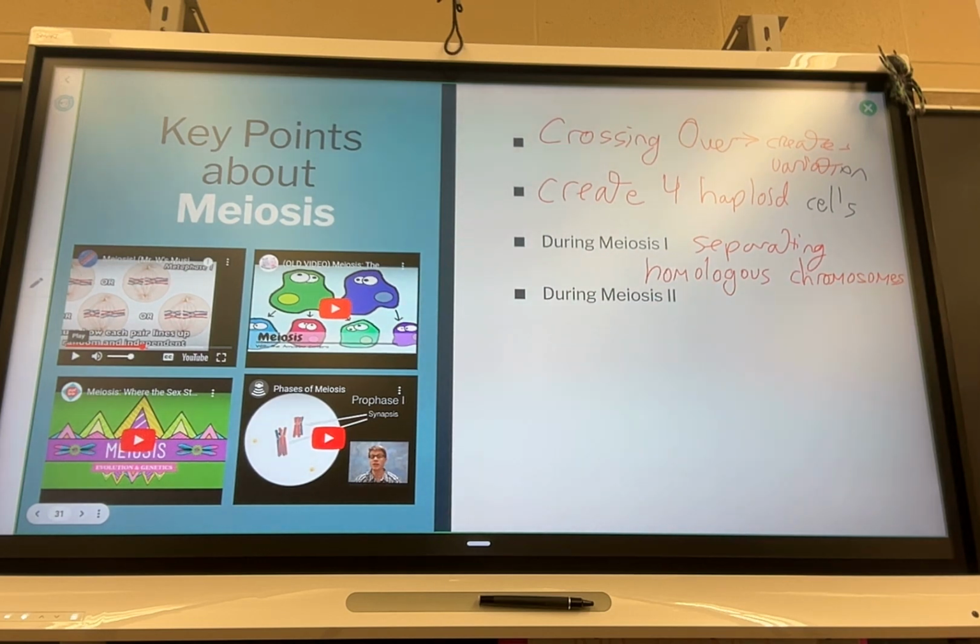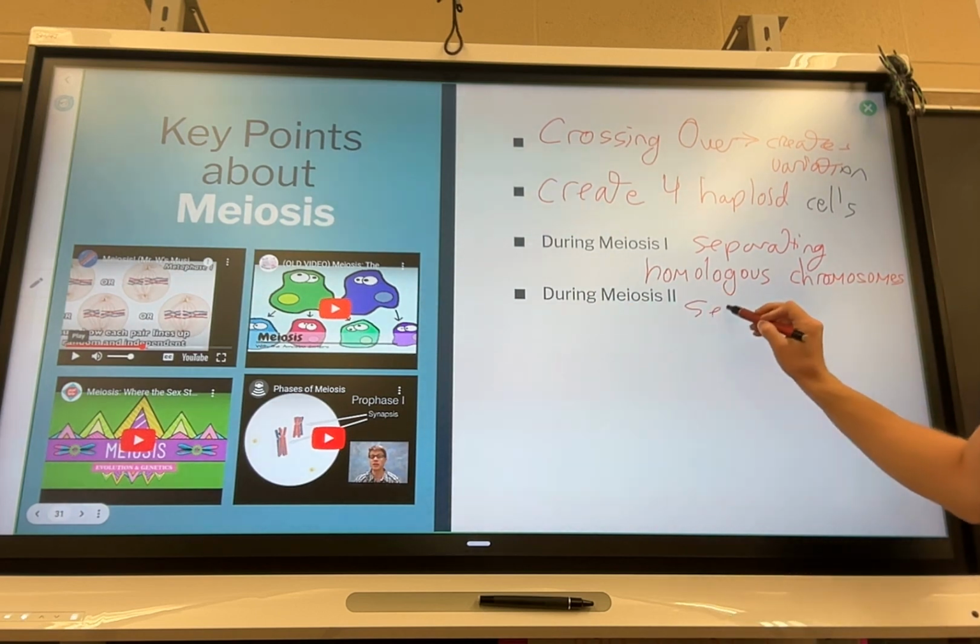Noah, what happens in meiosis 2? What are we separating? Look at the notes. Chromosomes into nuclei.